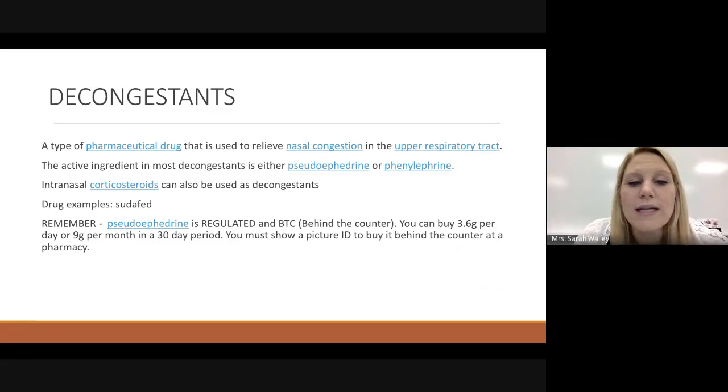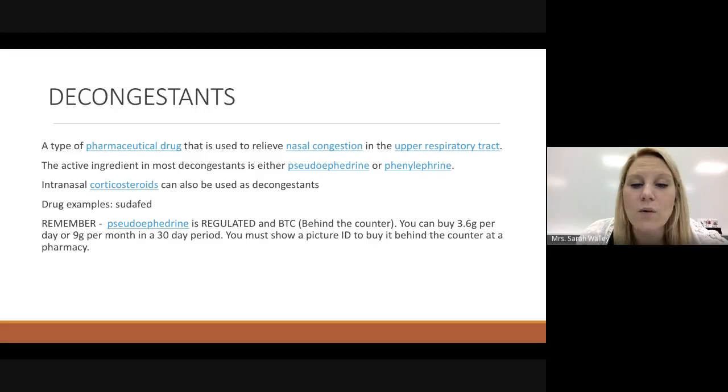The active ingredient in most decongestants is either pseudoephedrine or phenylephrine. Phenylephrine is actually not behind the counter. You can buy it OTC. It's not as strong as pseudoephedrine. Pseudoephedrine, or Sudafed, you have to buy behind the counter from the pharmacy.